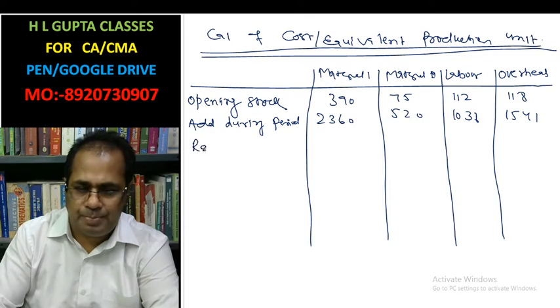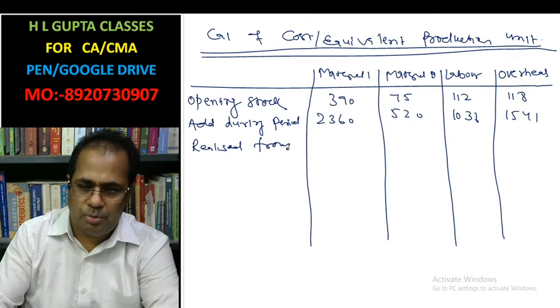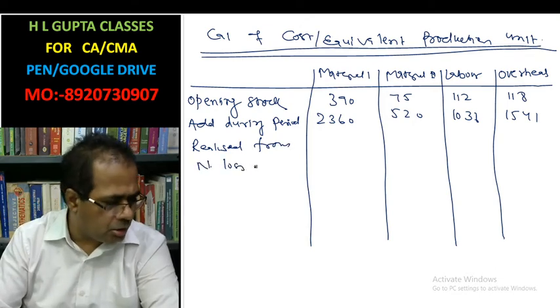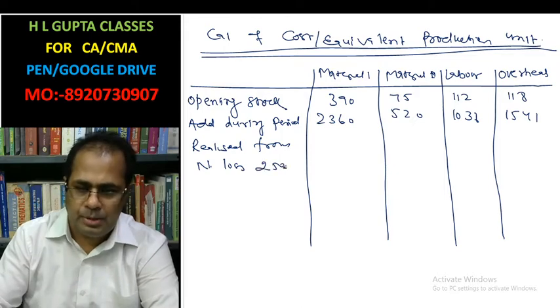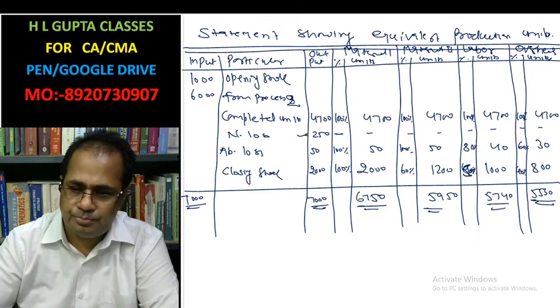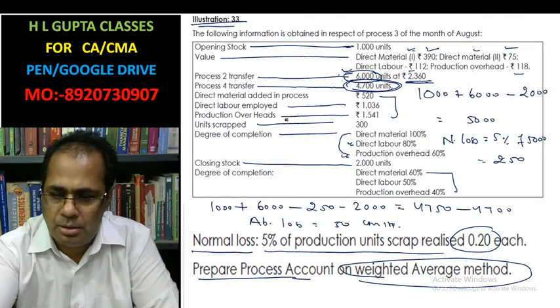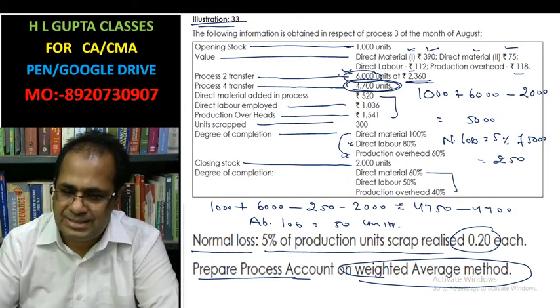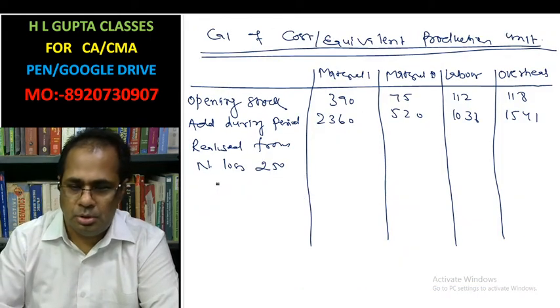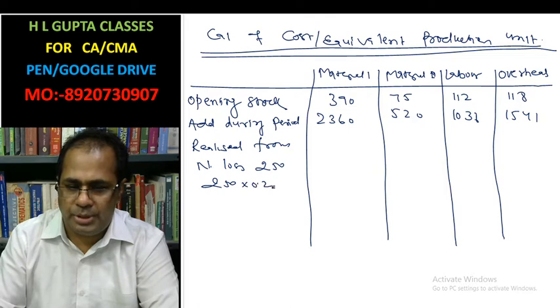Realization from scrap, realized from normal loss. We have normal loss of 250 units, and its price is 0.20. 250 into 0.20 is 50 rupees.